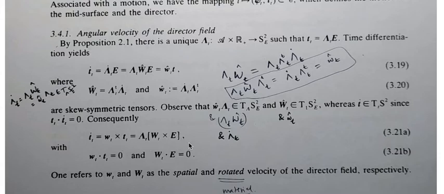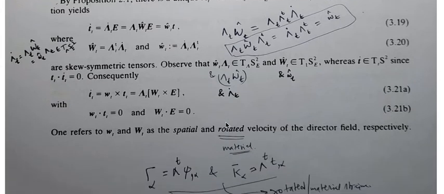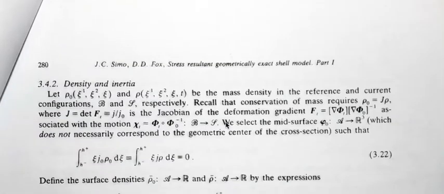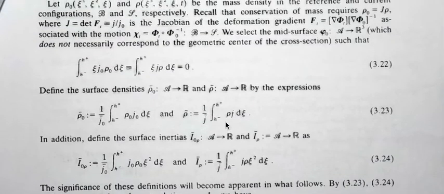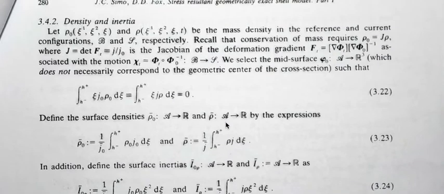Okay, so we can note from here that all these three, W hat lambda, capital W hat lambda, and lambda dot, are actually belonging to the tangent space of SE square at lambda. And also we can note down this relationship between lambda dot and W hat. So this is how we write the angular velocity, and this we will be using to write down the expressions of the linear and angular momentum.